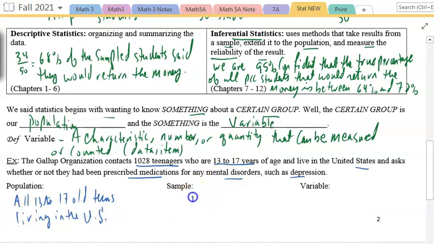The sample obviously would be the 1,028 teens that they contacted. And the variable is whether they take prescribed medication or not.